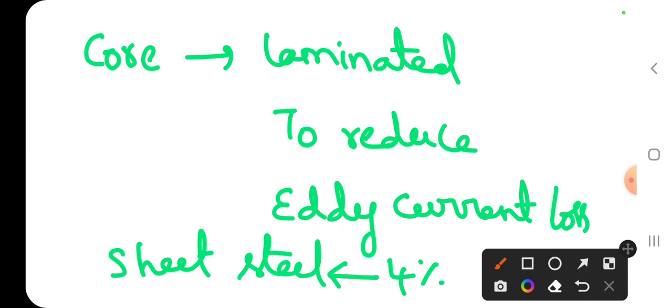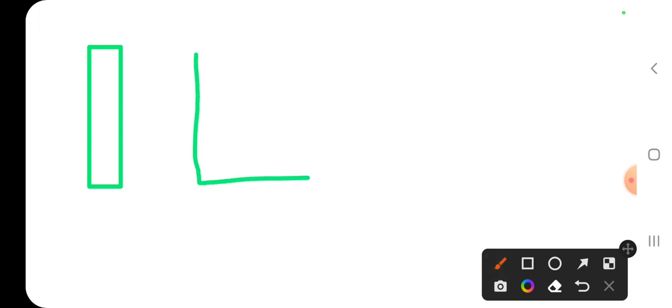And these laminations have various shapes. What are the various shapes of laminations? The laminated shape may be like this. This is I shape. Next one is L shape.